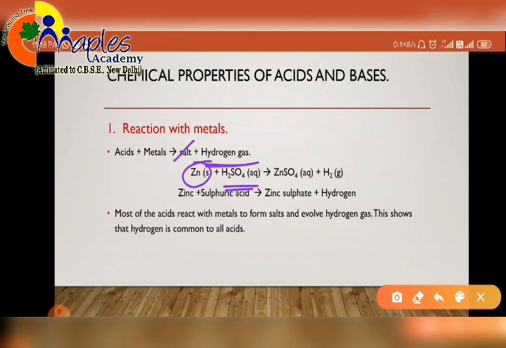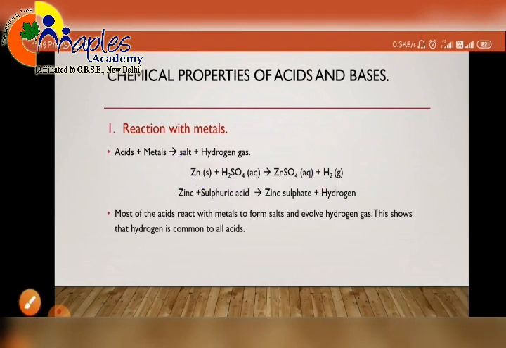It forms ZnSO4 and H2 gas is evolved. Most acids react with metals to form a salt and evolve hydrogen gas. From this reaction we can also say that hydrogen is common to all acids.